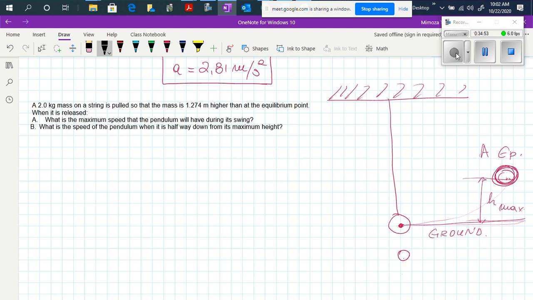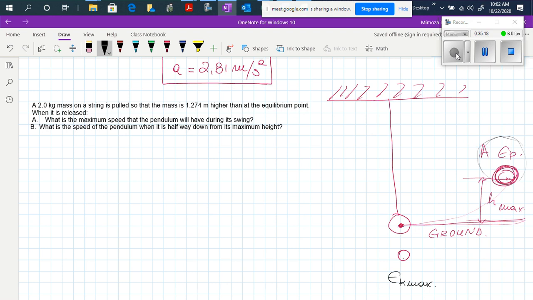It's the maximum speed that the object can have, because all the gravitational potential energy that you have here, which is the maximum gravitational potential energy, is converted into a maximum kinetic energy, which will produce the maximum speed of the object.